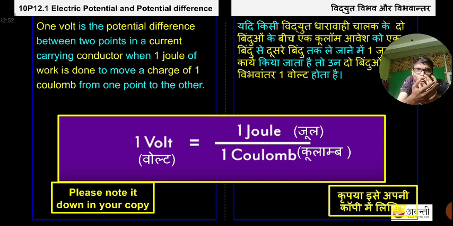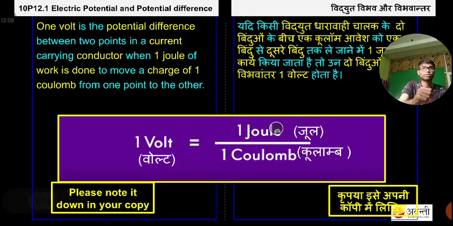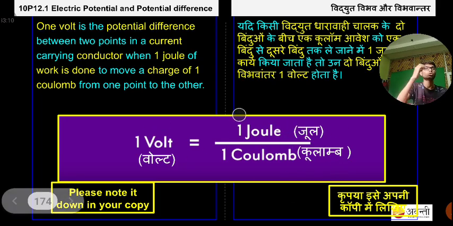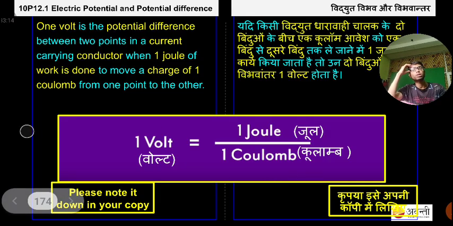Here we are saying 1 volt is equal to 1 joule upon 1 coulomb. When 1 joule of work is done to move a charge of 1 coulomb, this upon this will give us 1 volt.